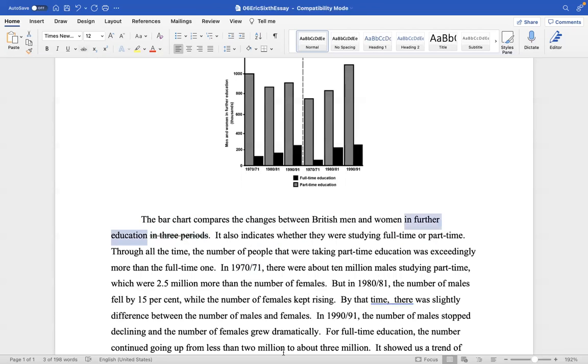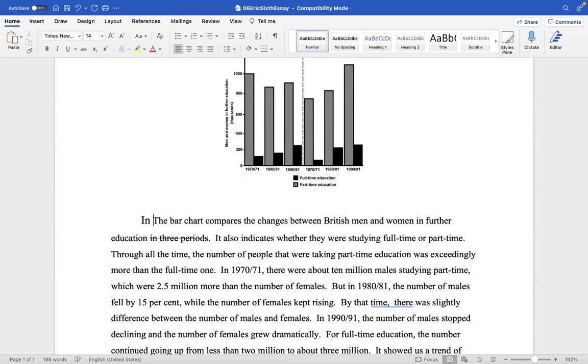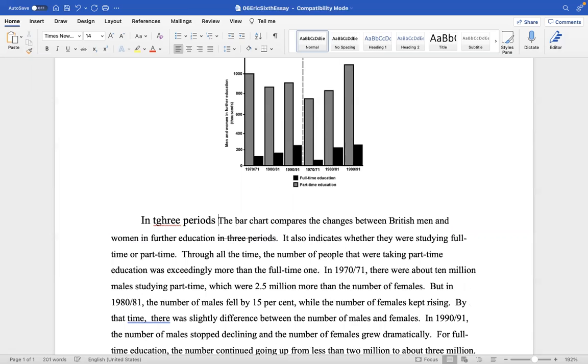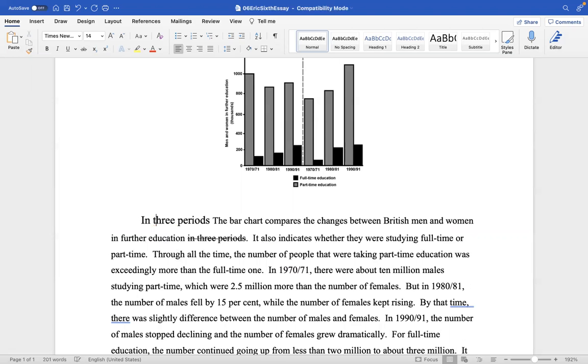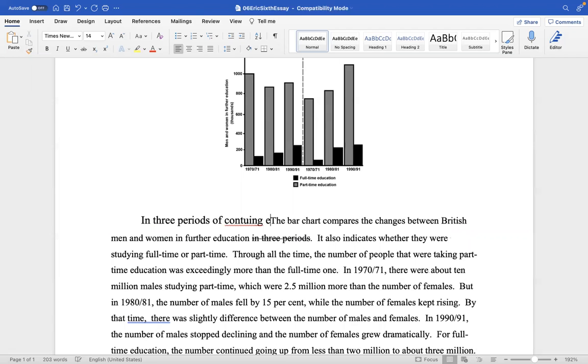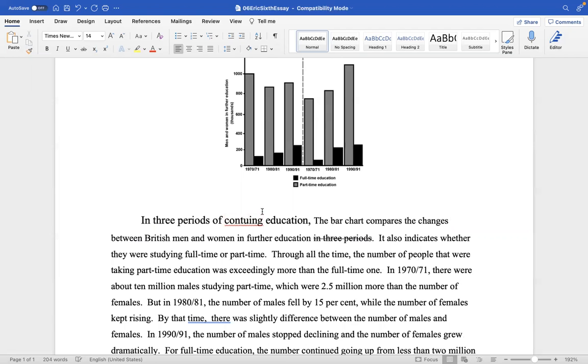So let me try to change it up to make it sound better for us. So the bar chart compares, I would say, and if you're going to use a preposition, try to use it at the beginning. So I would say in 3 periods of continuing education, continuing.